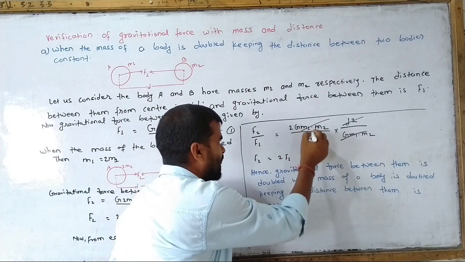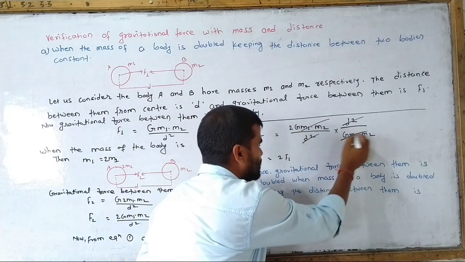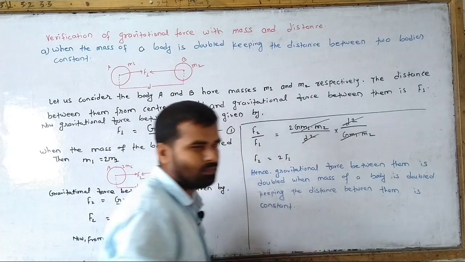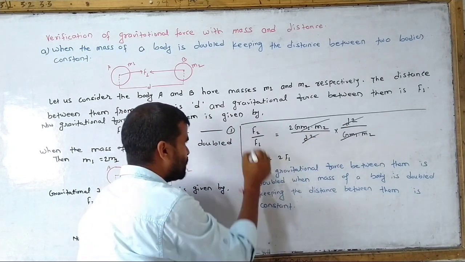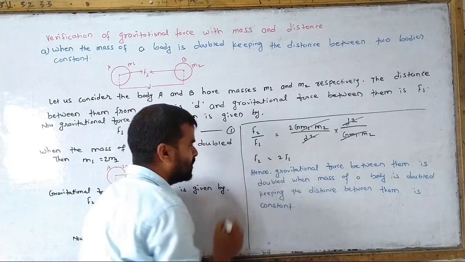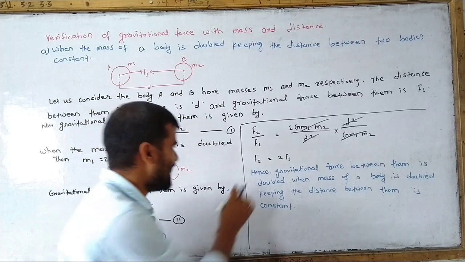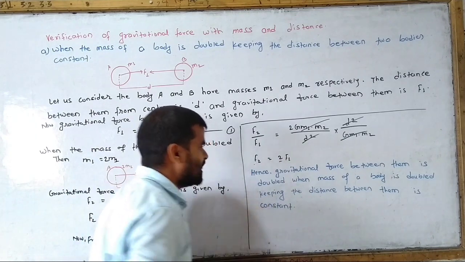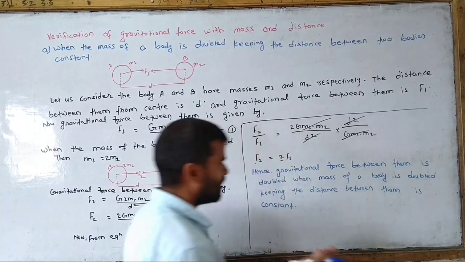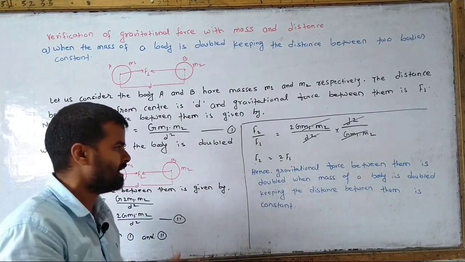G m1 into m2 cancels, d square cancels. We get F2 equals 2F1. Hence the gravitational force between them is doubled when the mass of one body is doubled, keeping the distance between them constant.